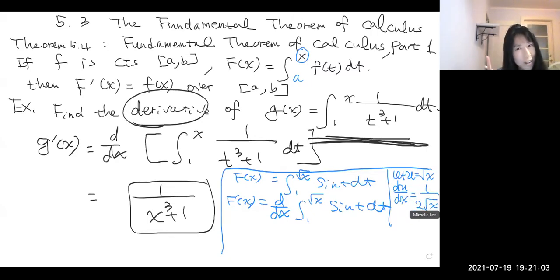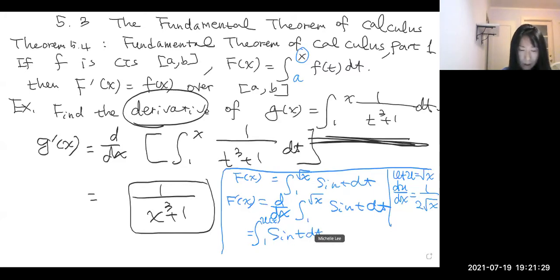I understand what you said. But then, look, we get sine. So let me use u. We change that. Hold on 1 second. We will change it to the integral from 1 to u of x of sine t dt.